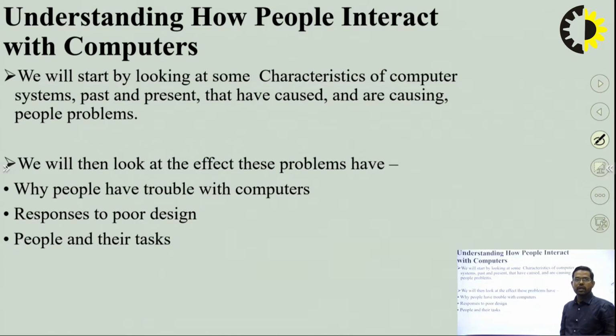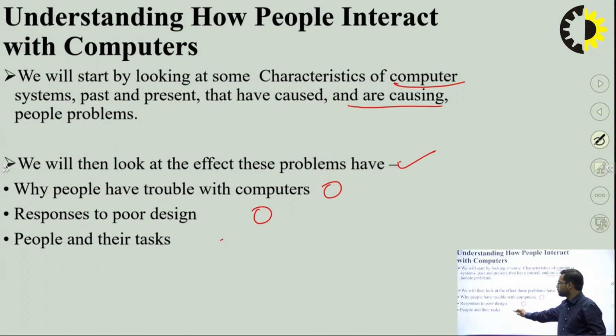After that we have to understand how people interact with the computer, through input and output devices or touch screens. We will start by looking at some characteristics of computer systems, past and present, that have caused and are causing people problems. Then we will look at the effect these problems have: why people have trouble with computers, the response to poor design, and people and their tasks.